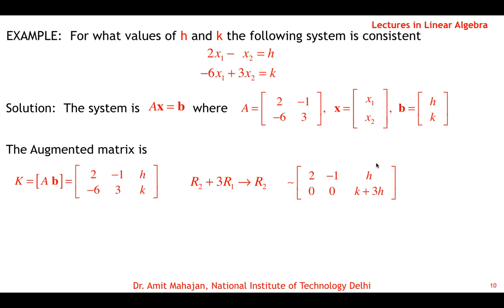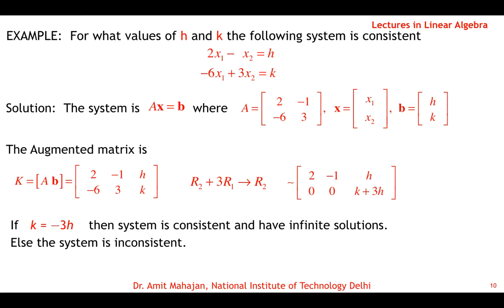If k plus 3h is a non-zero number, then the last column becomes a pivot column and the system will be inconsistent. So for consistency this element also has to be 0, because all the other elements are 0. So the system will be consistent if k plus 3h is 0, or k equals minus 3h.